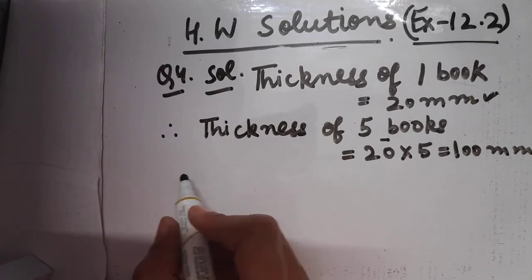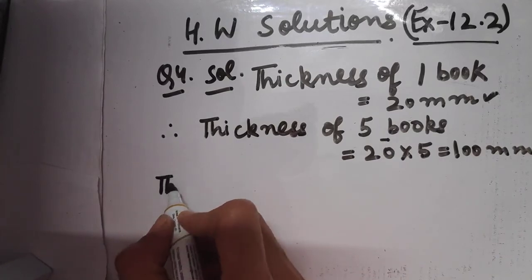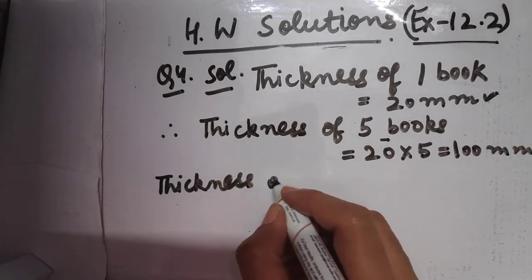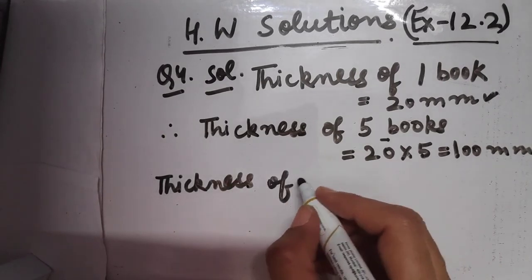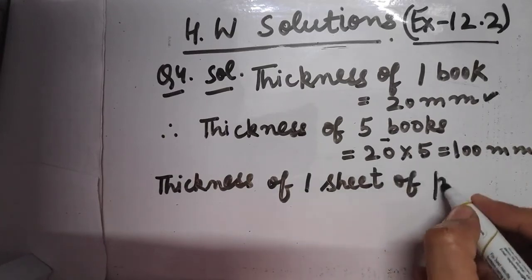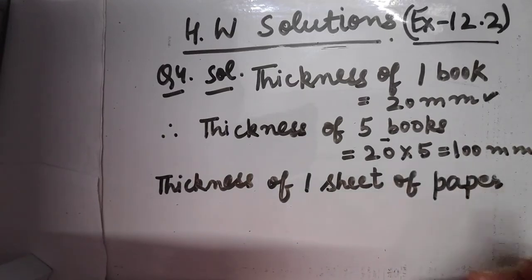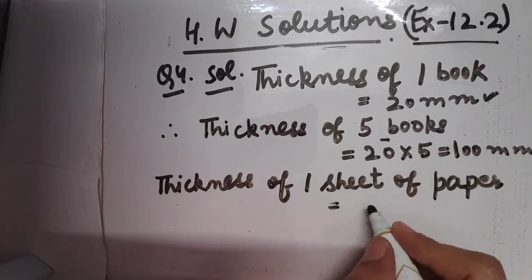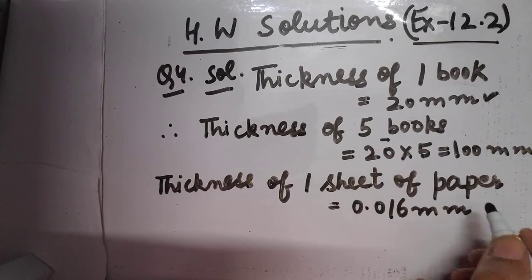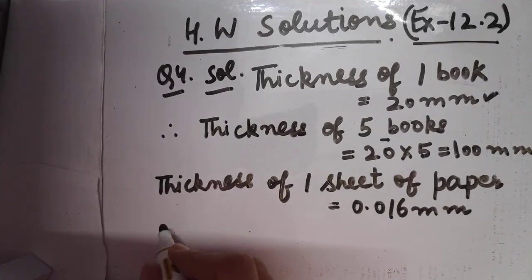Now we have been given the thickness of one sheet of paper. That is given to us as 0.016 mm. Now I will be finding the thickness of 5 sheets of paper.